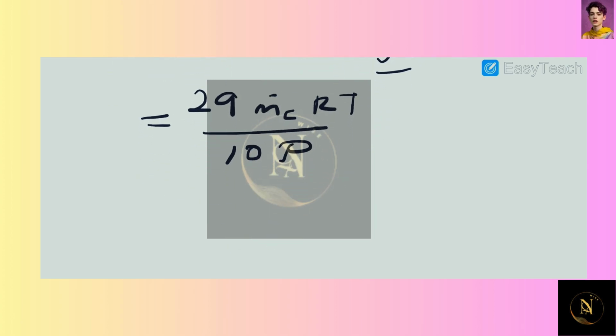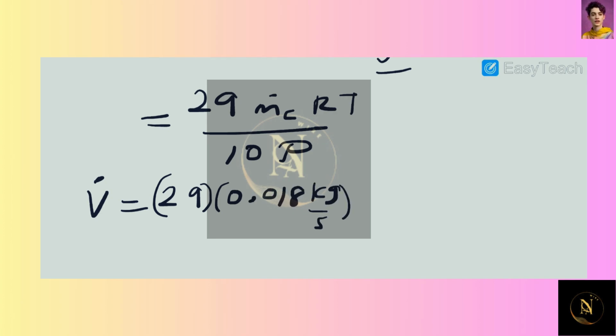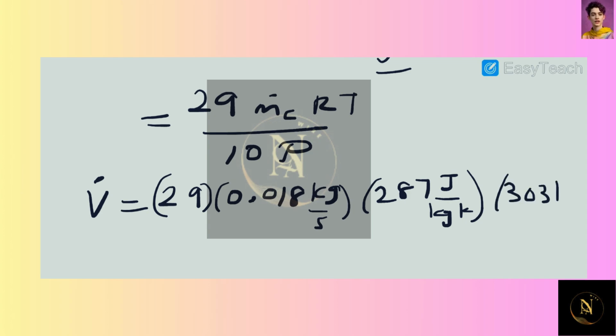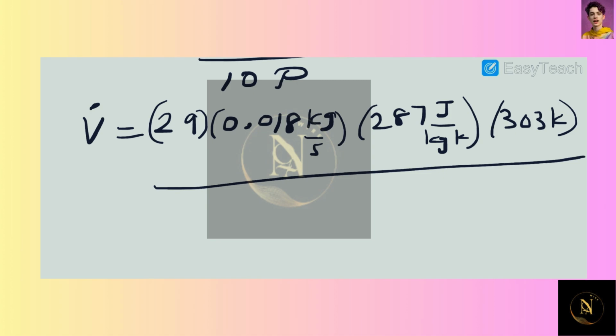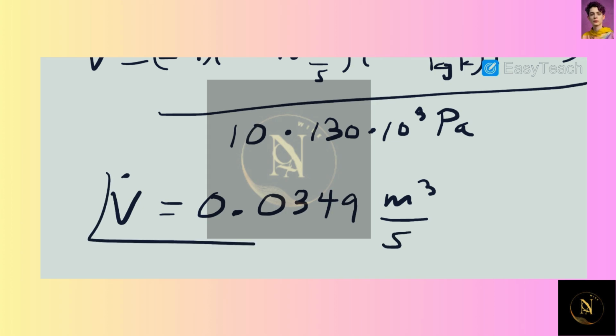And by plugging in for these quantities, we can see that our V dot will be equal to 29 times our m dot, which is 0.01 kg per second, times R, which is 287 joules per kilogram Kelvin, times our temperature, which is 303 Kelvin, all over our pressure, which is 10 times 130 times 10 to the third Pascal. And this gives us a volume flow rate equal to 0.0349 cubic meters per second. And that's our final answer.